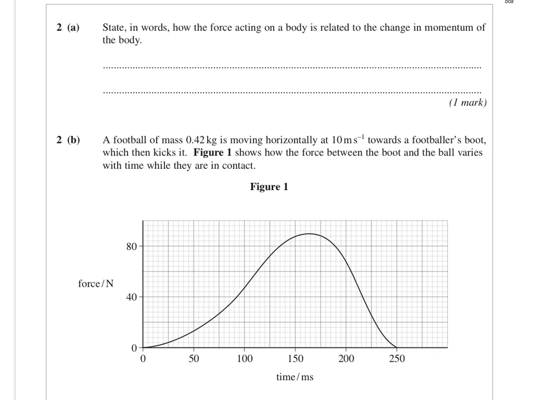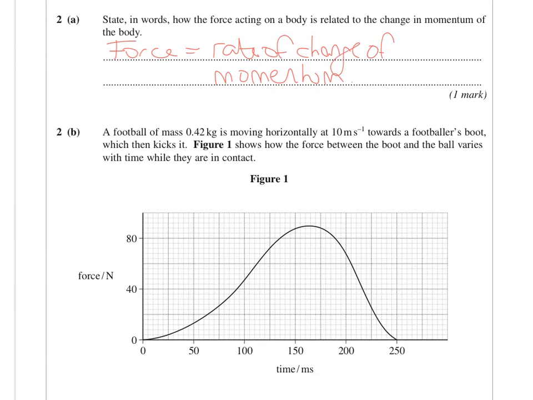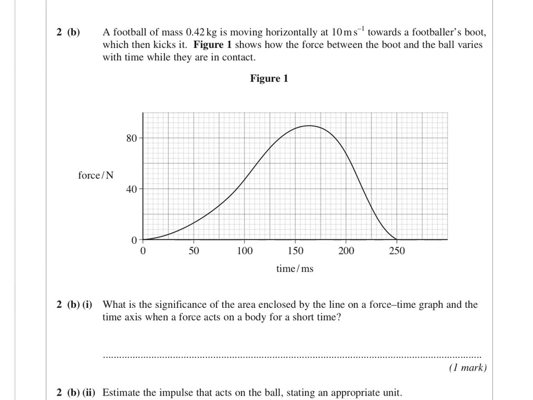State in words how the force acting on a body is related to the change in momentum of the body. So this is Newton's second law, so force is equal to the rate of change of momentum. Okay. So we've got a football of a mass.